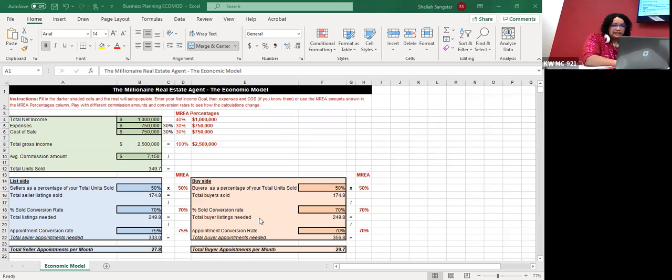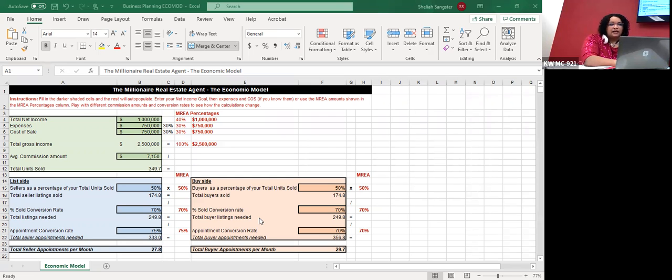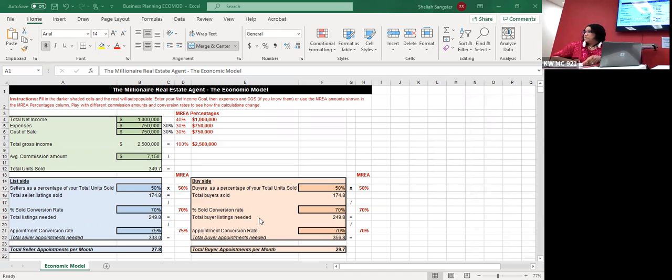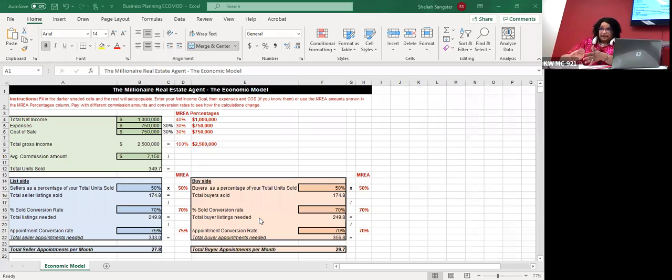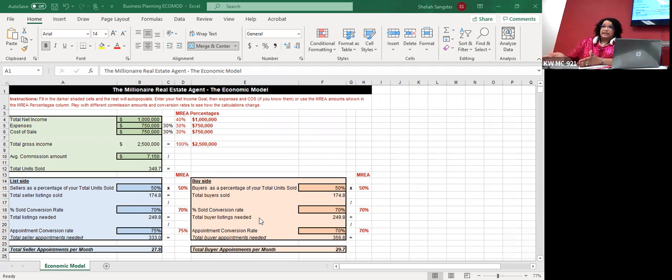Because of proven systems, models and facts, Keller Williams knows that 30% of your business is going to go to expenses and 30% is also going to cost of sales. We're talking about the level of the millionaire real estate agent, not just the agent model. This is an agent that has production, is experienced, and is ready to move to the next level.